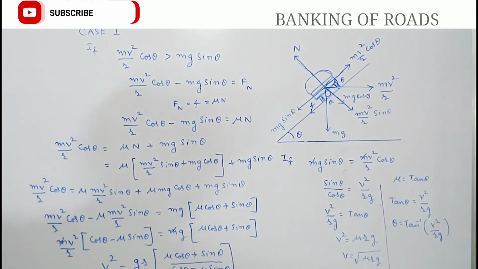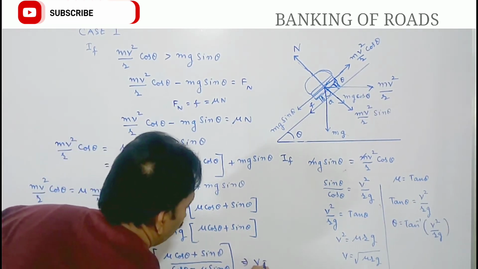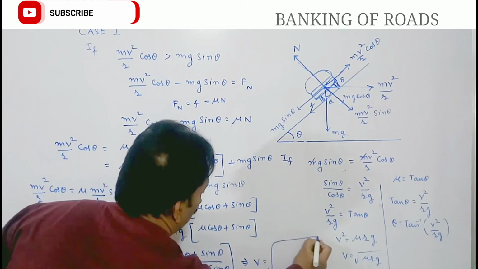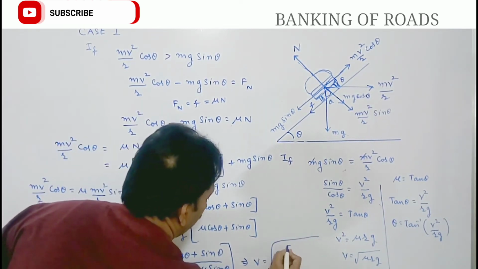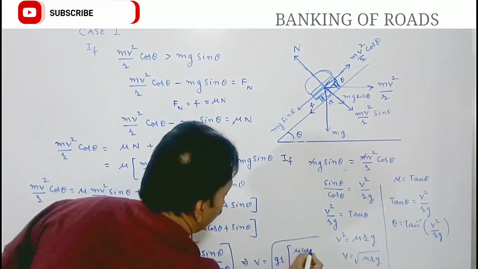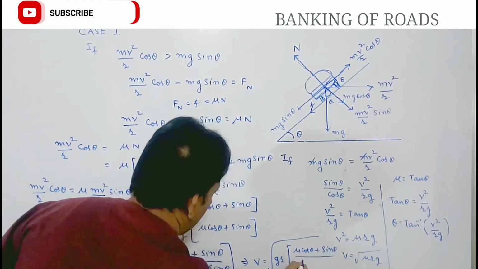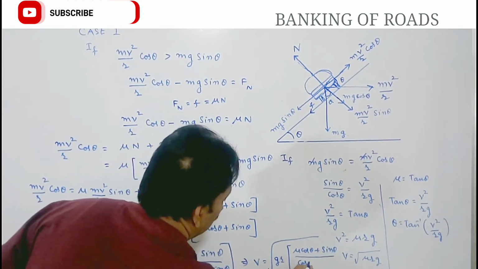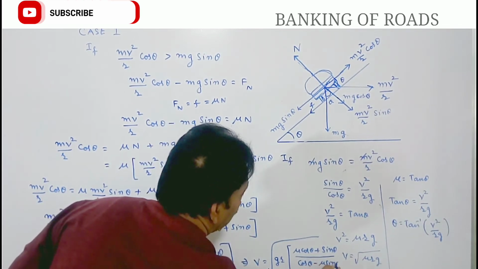Okay, students, from this we can write V is equal to under root of gr into mu cos theta plus sin theta by cos theta minus mu sin theta.